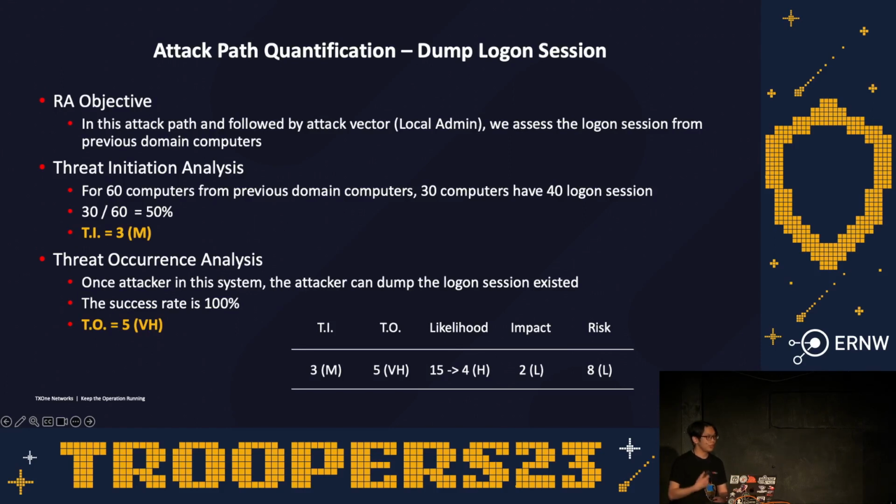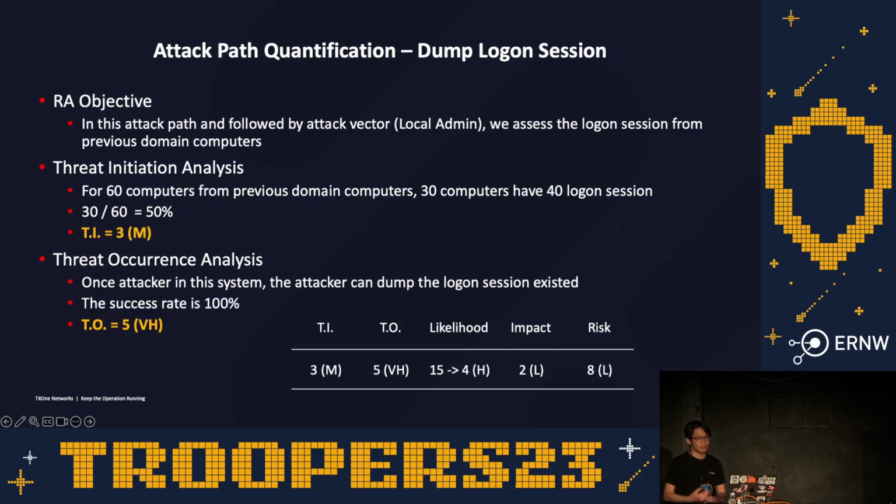So for the threat initiation, we have 60 computers from the previous attack vector, and 30 computers happen to have 40 logon sessions. So we have 60 computers as our base and 30 computers, which gives a 50% coverage percentage, and the threat initiation value will be 3.